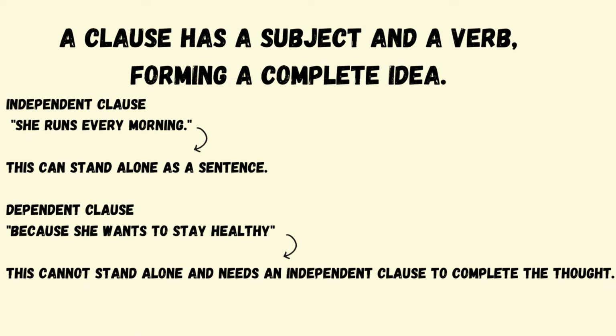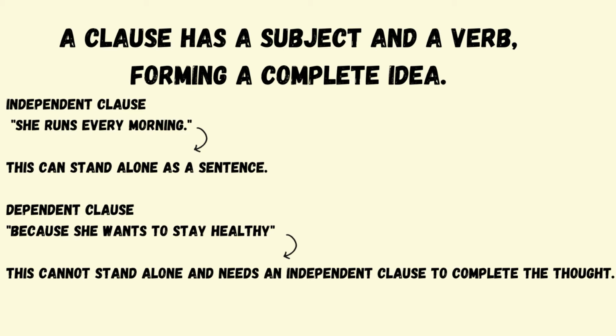This is considered an independent clause because it can stand alone as a sentence. On the other hand, a dependent clause, based on the example I gave you, is because she wants to stay healthy. It's considered a dependent clause because this cannot stand alone and needs an independent clause to complete the thought.